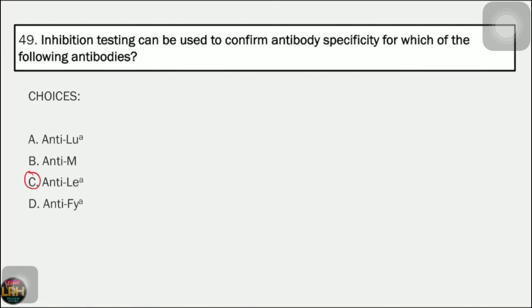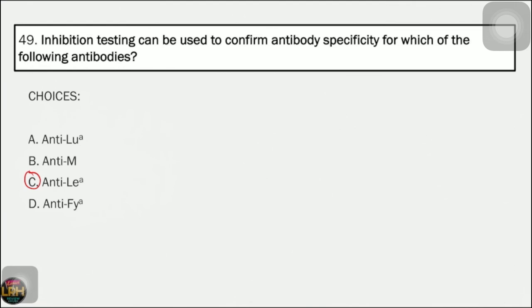So what is the use of inhibition for this type of antibody? Generally, inhibition of blood group antibodies by soluble substances can aid in the identification of specific antibodies. The antibody activity of known specificity can be selectively removed by using the inhibition method, leaving behind other antibodies to be identified.